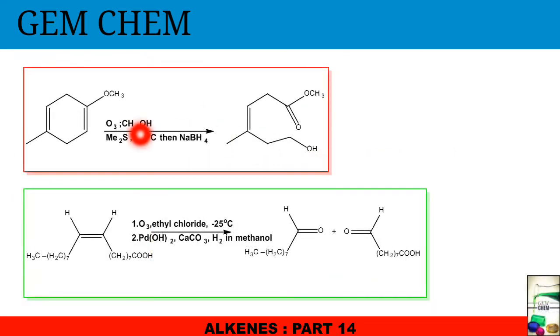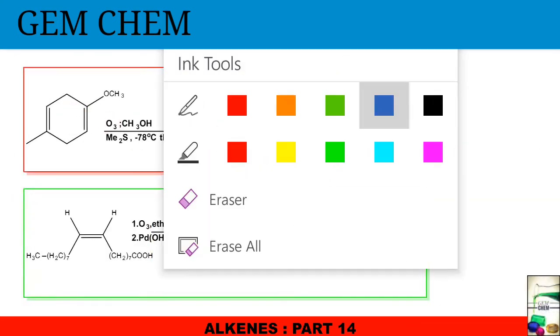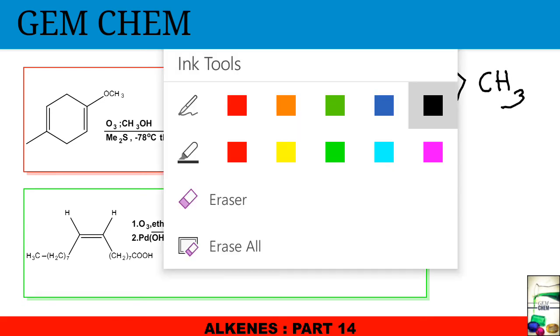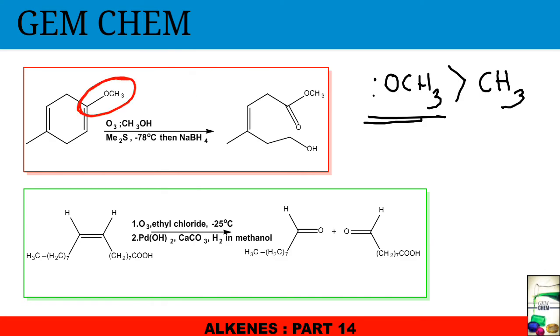Now for the next example, see here minutely. First of all, OCH3 is more electron donating than CH3. So the presence of OCH3 in this particular position makes this double bond present here electron rich.